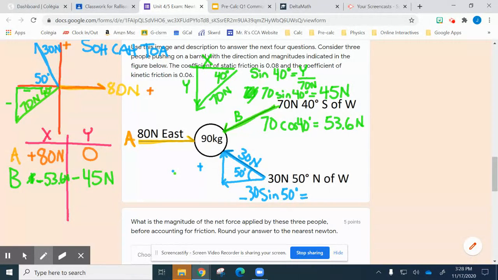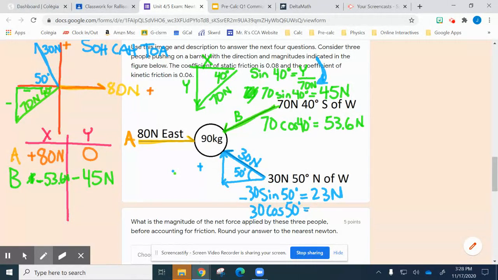30 times sine 50 is 23 newtons. And then the hypotenuse again, because we remember from up here, we rearranged it to notice that the hypotenuse times the sine of the angle will give us the leg we need. So 30 cosine, because now we're getting the adjacent leg, the x leg, of 50 degrees equals 30 cosine 50.